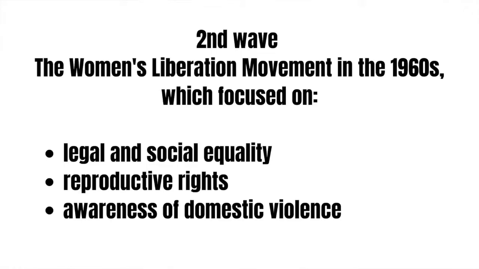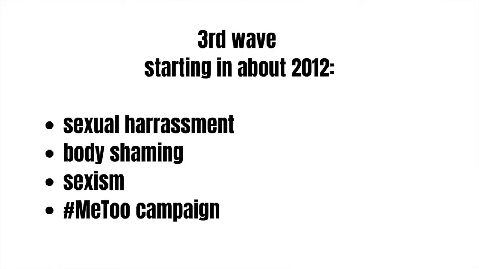The second wave was the women's liberation movement of the 1960s, which claimed legal and social equality, especially reproductive rights, and also discussed matters of domestic violence. And as recently as 2012, we can talk about the third wave, which has focused on matters of sexual harassment, body shaming, sexism, and the Me Too campaign.